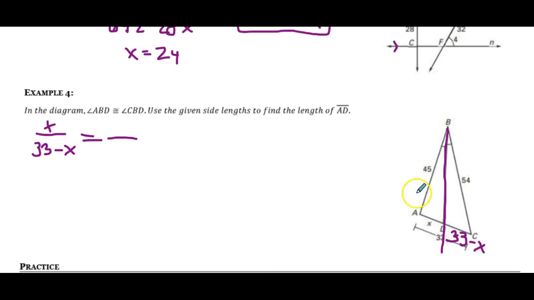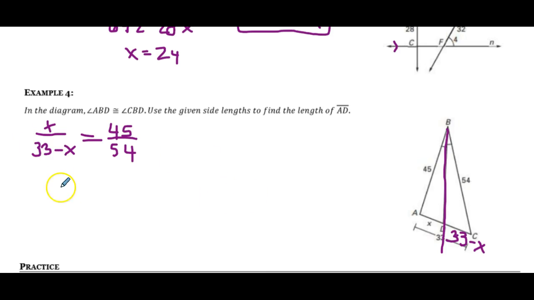Look at the leg that x is attached to, BA, that's 45. Now look at the leg that DC is attached to, BC, it's 54. And there's my proportion.